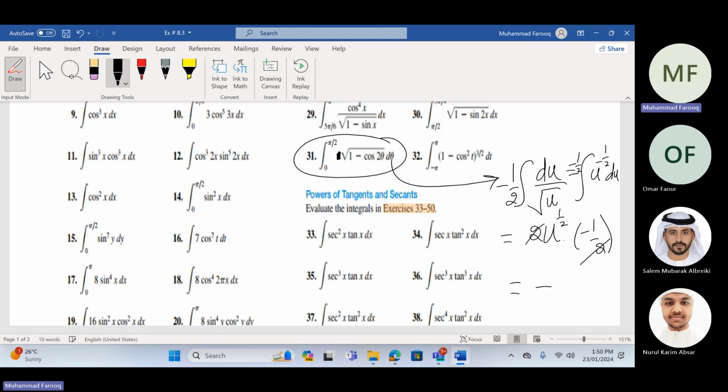So negative u, where we substituted u equals 1 plus cosine 2 theta, with limits from 0 to pi.